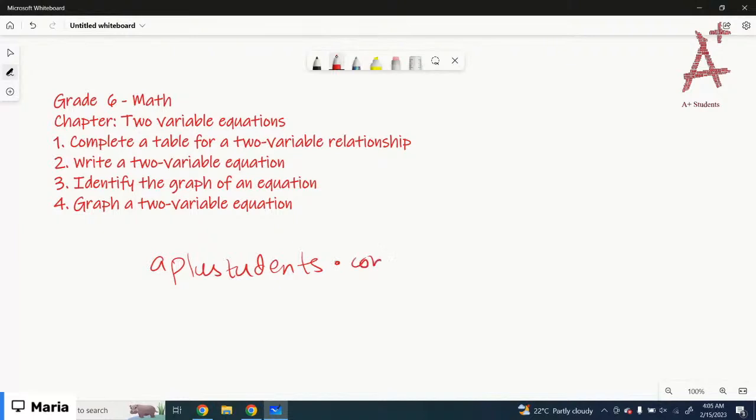Then select math from the subject tab, scroll down to grade 6 maths and click on view all lessons. There you can find a list of the chapters. We're going to start with chapter 2, variable equations.